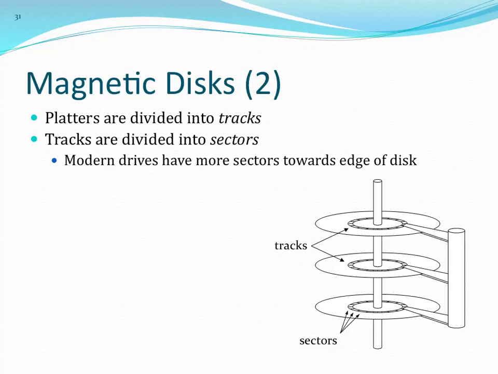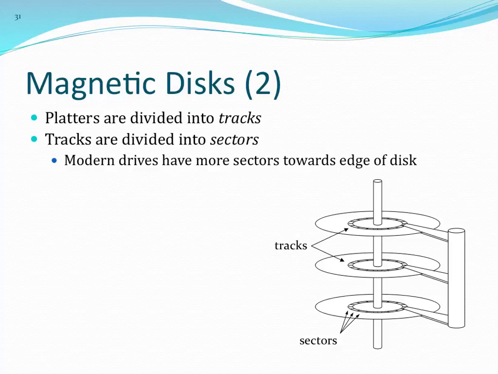And so it used to be that you just had a fixed number of sectors all the way from the inside to the outside. As the computer hardware has gotten more and more sophisticated, now we cram more sectors toward the outside of the disk. And so you actually get your fastest reads from the outside of the disk as opposed to the inside of the disk.